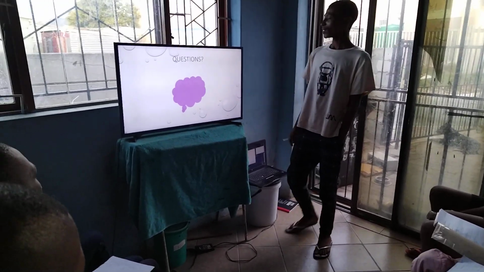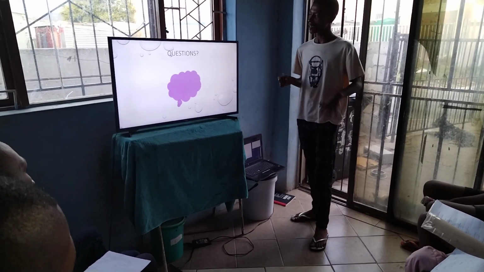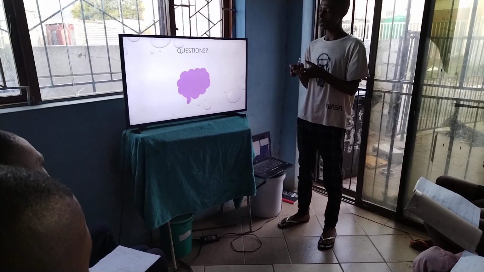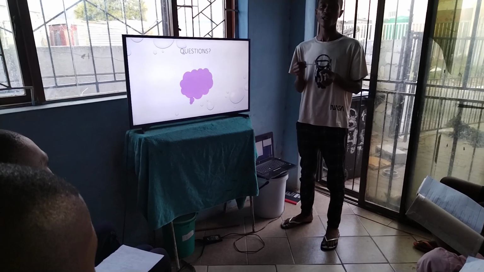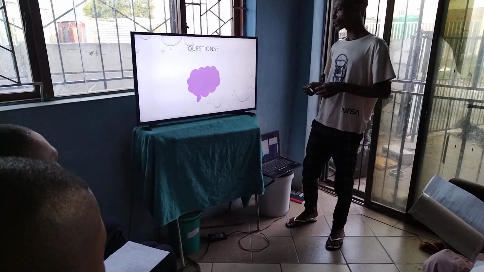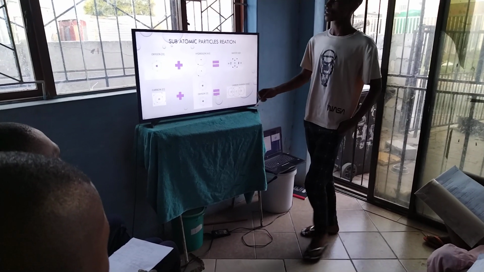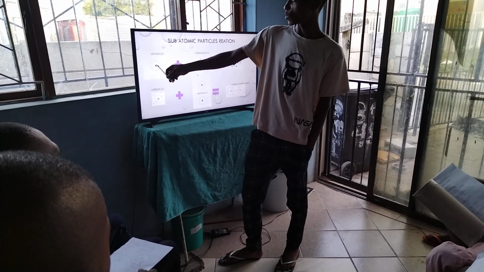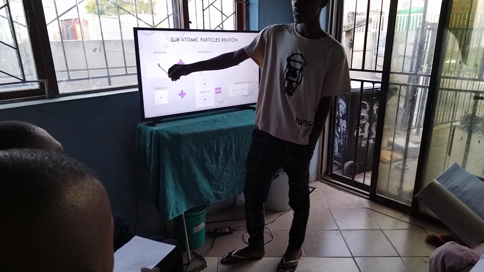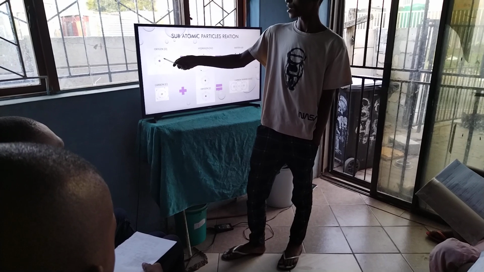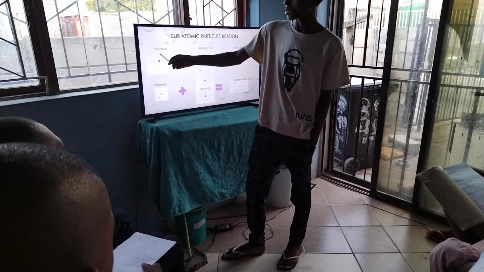How do you actually measure atoms? Now, great. So how do you tell how much it weighs? Okay, let's go back to this slide. Normally they say you measure it by radius, from the nucleus, the middle part of an atom, to the first outer layer.